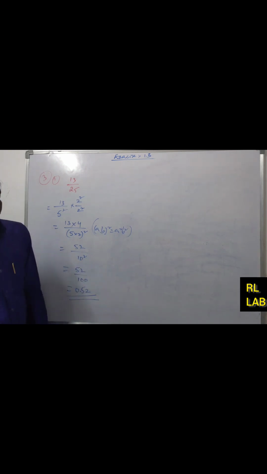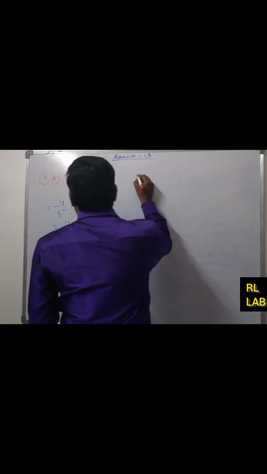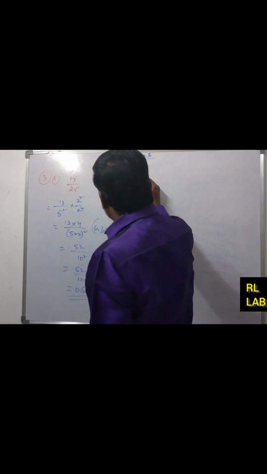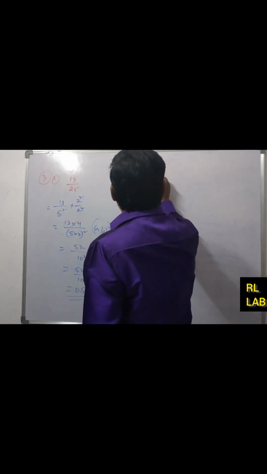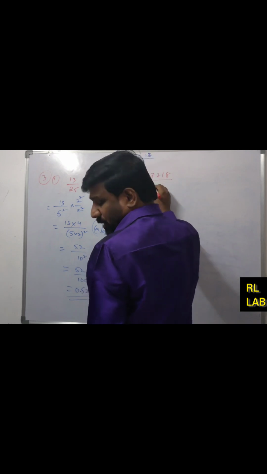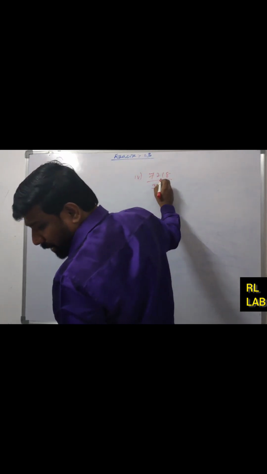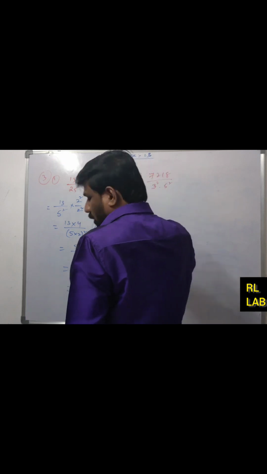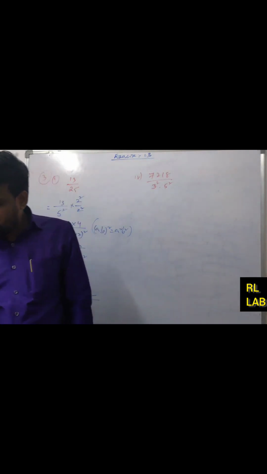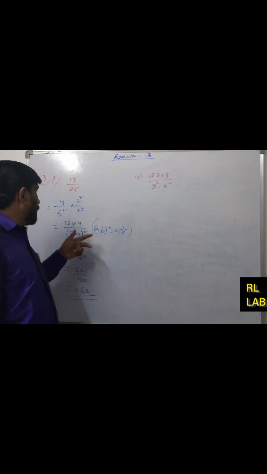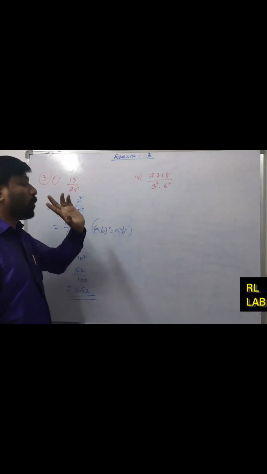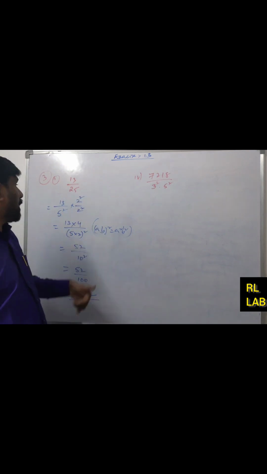In the same way, take some other number: 7 to 180 by 3 square into 5 square, that is the fourth one. Now tell me, in order to find the decimal form without actually dividing, there should be co-primes. I already discussed this in the previous problem, right?